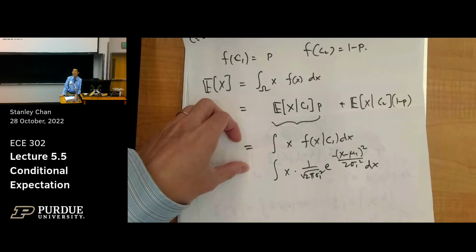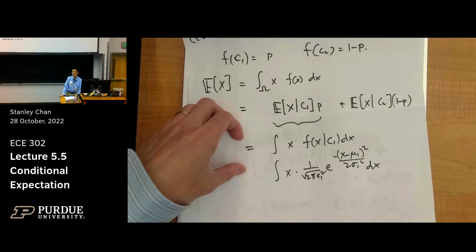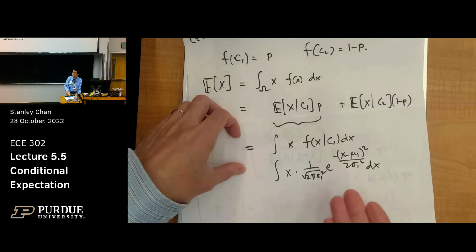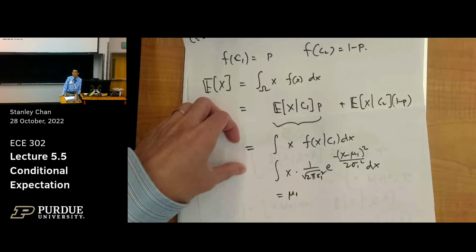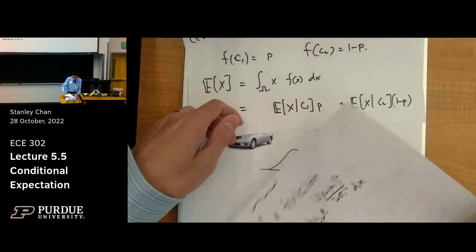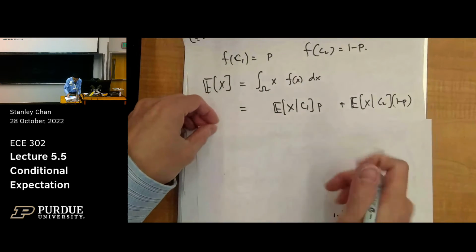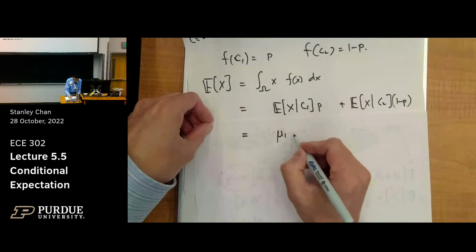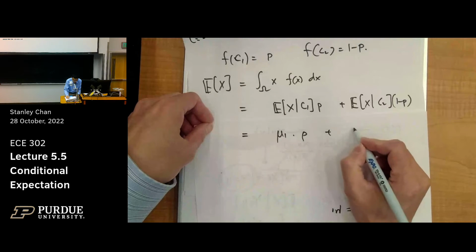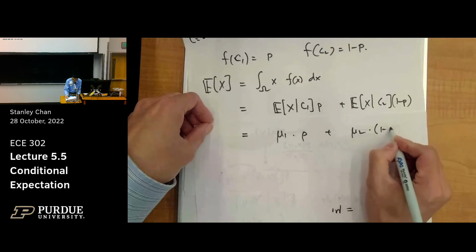Because this is Gaussian. It's a Gaussian distribution centered at mu1, and you are just calculating the expected value of that specific Gaussian, okay? So this will give you mu1. Okay, so what does it mean? Well, you have this sum of two expectations. This is mu1 times p. The other one is mu2 times 1 minus p.